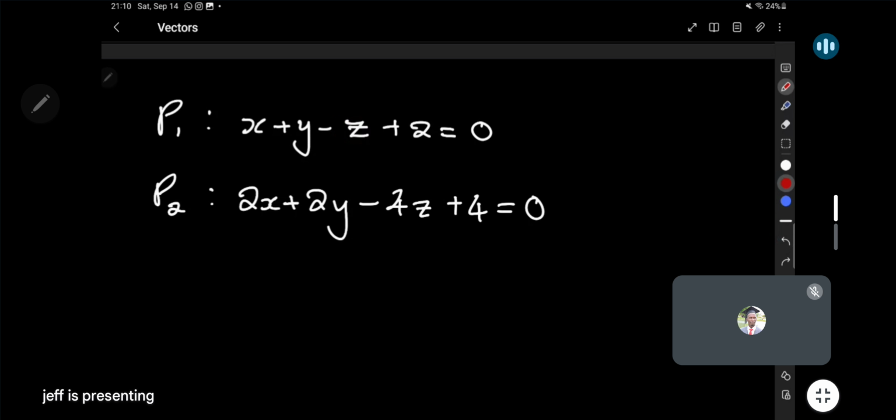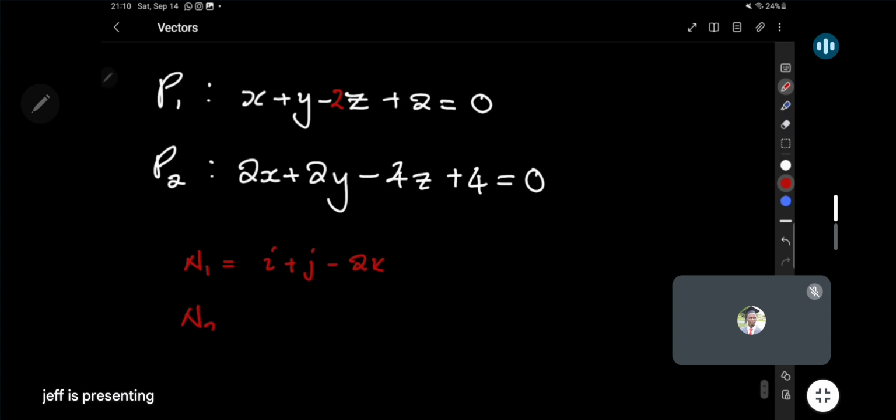So in an event that these two planes had maybe just a slight difference, if we had a 2 there as the coefficient of z, what would have happened here is the first observation would have been when getting the normals. For plane 1, you'd have had i, you'd have had j, then you'd have had minus 2k.